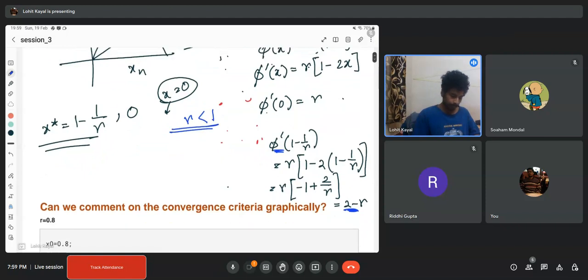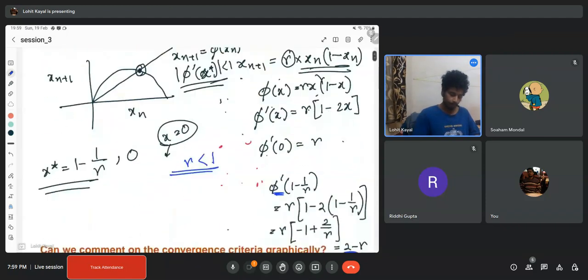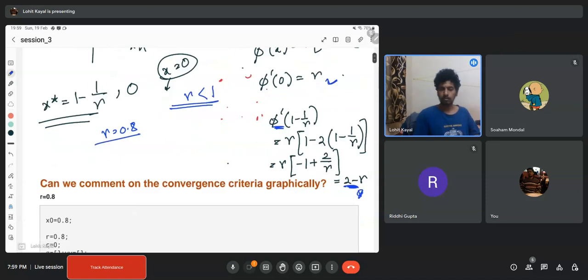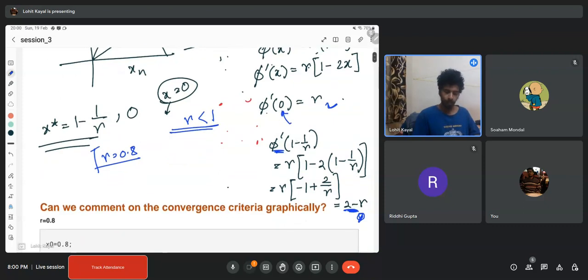So let's check. The first choice is r equal to 0.8. For r equal to 0.8, this value is less than 1, but this is greater than 1. So if I use this fixed point iteration technique, my solution should converge to x star equal to 0, not x star equal to 1 minus 1 over r.